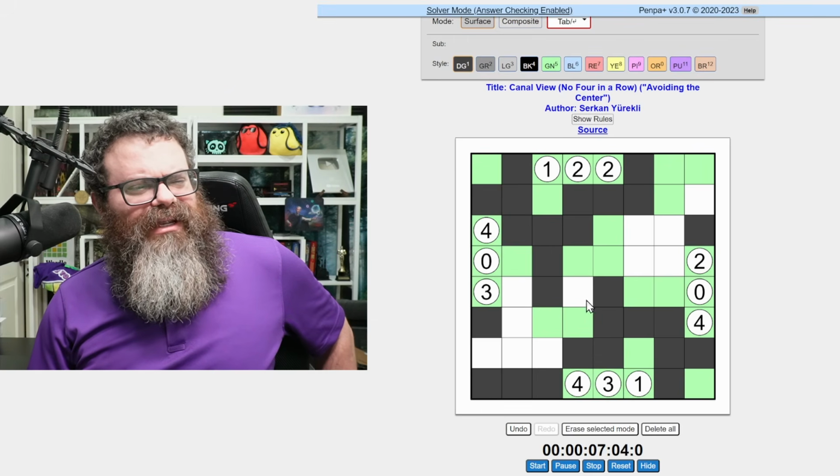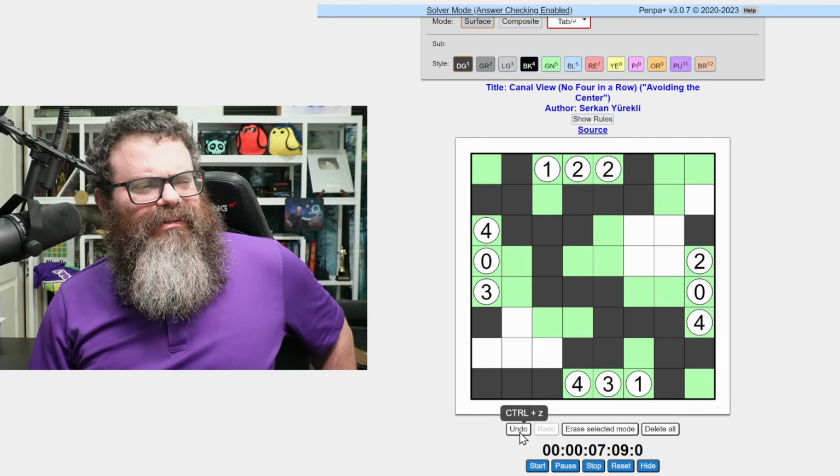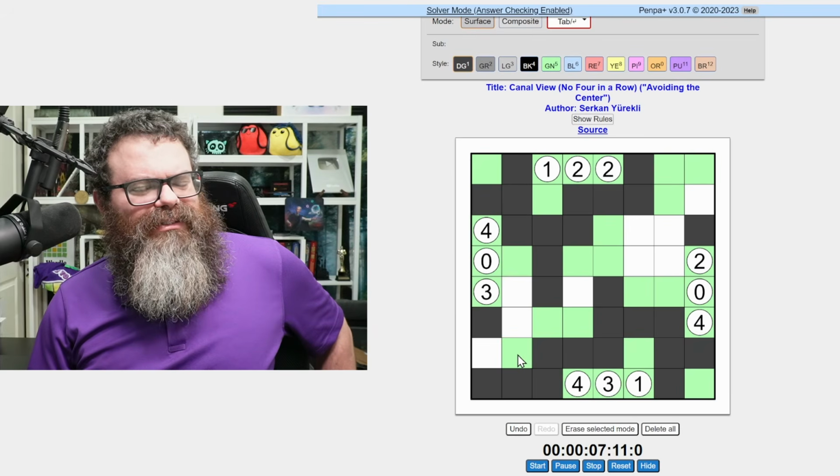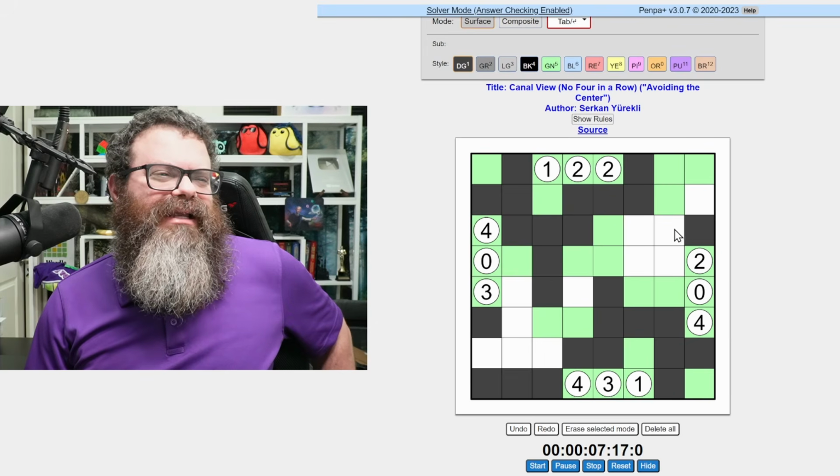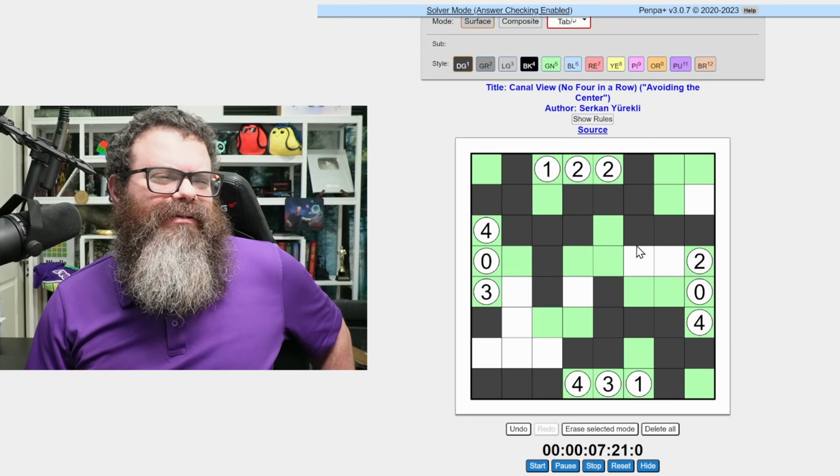So if this connects up here, this is unshaded. If it connects up here, this is unshaded. What's our finish here? How about up here? This is going to have to get out. And we definitely connect up through here. That's 3 in a row, so that's unshaded.